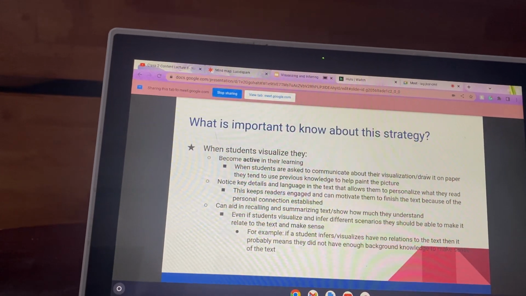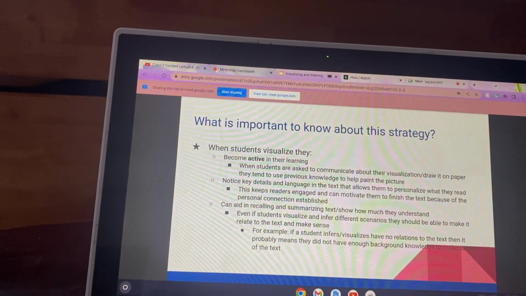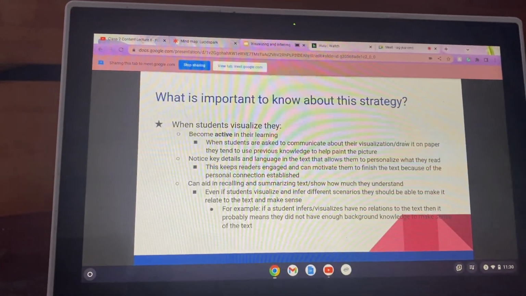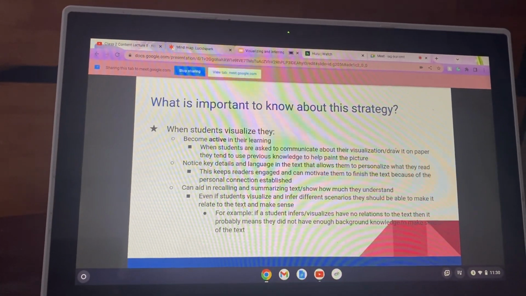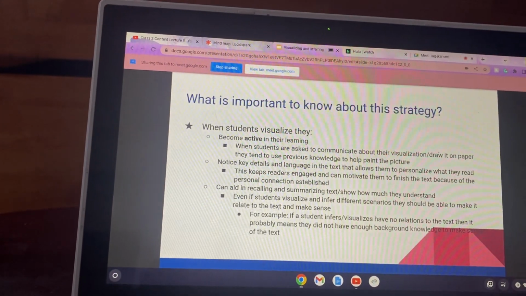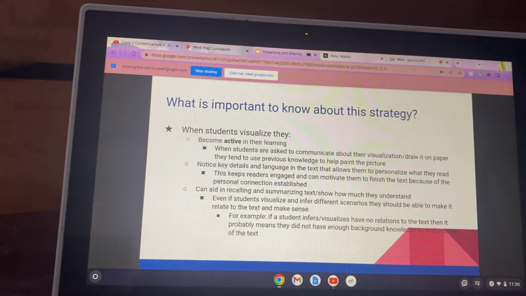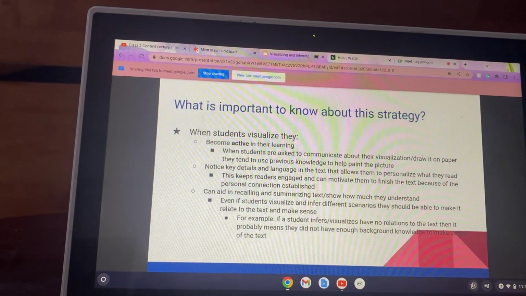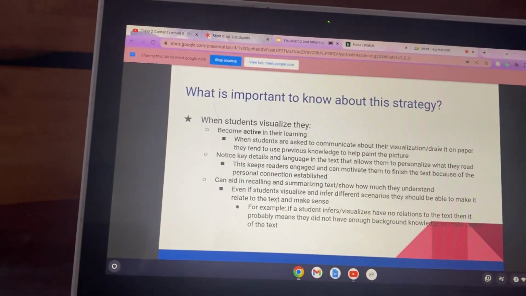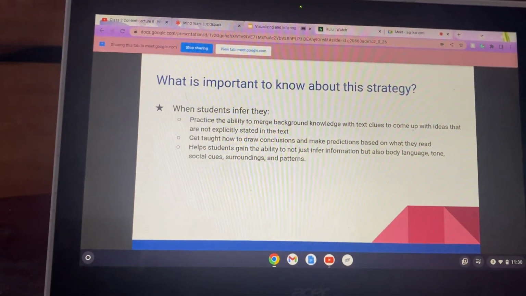So this is really important when we're having them talk about that learning process. If you notice that students are coming up with scenarios that don't really relate to the text, that is a way for us educators to know that they probably didn't have enough background knowledge and they need to spend a little more time.